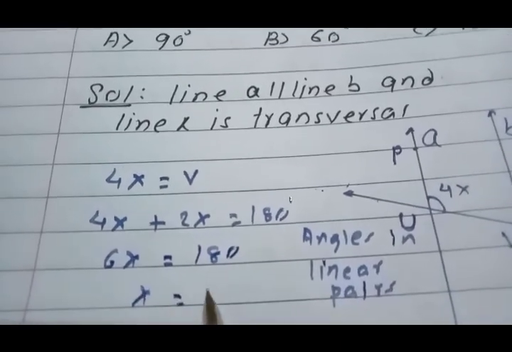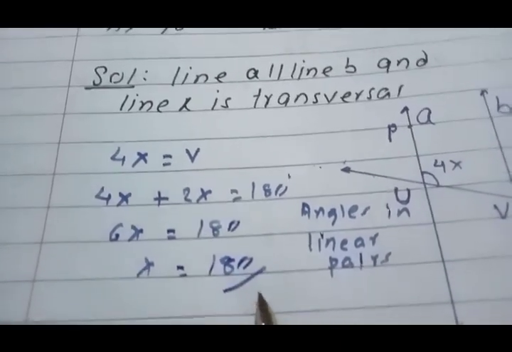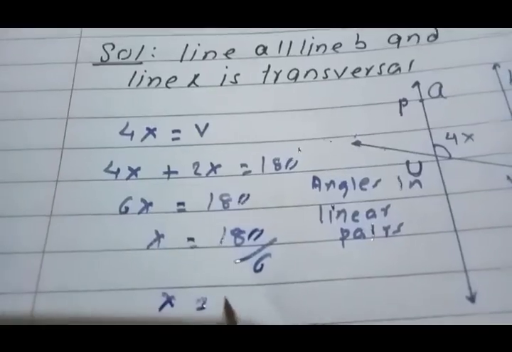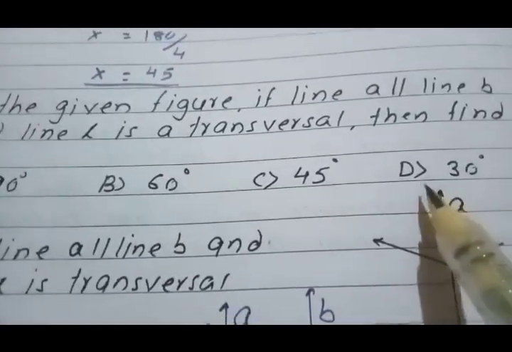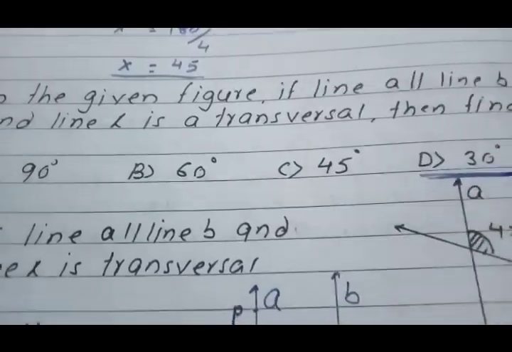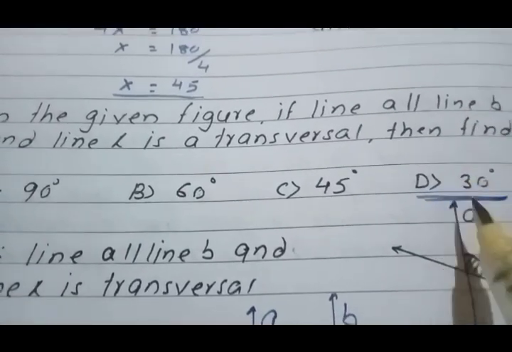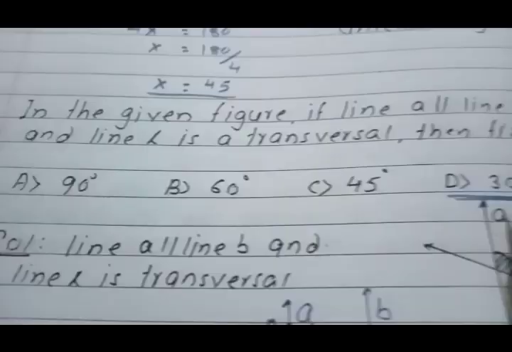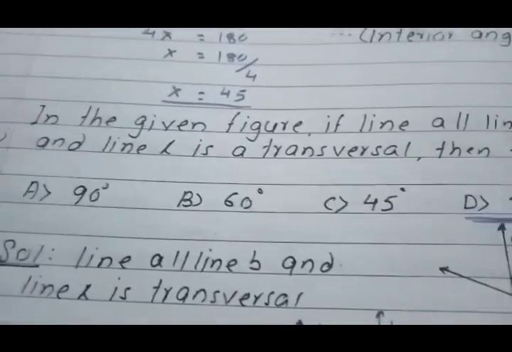So X equal to 180 upon 6. So X equal to 30 degree. So answer D, angle D equal to 30 degree. This is the answer. Then X equal to 30 degree.